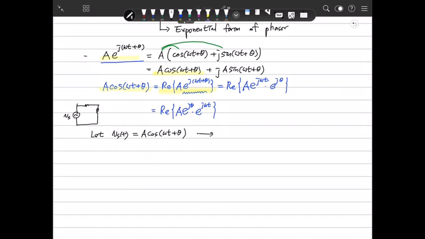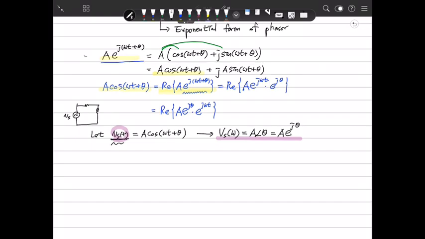Then the phasor of Vs, omega, can be expressed as A angle theta, and that is the same as A exponential j theta. Then I want to express Vs(t) from those values.